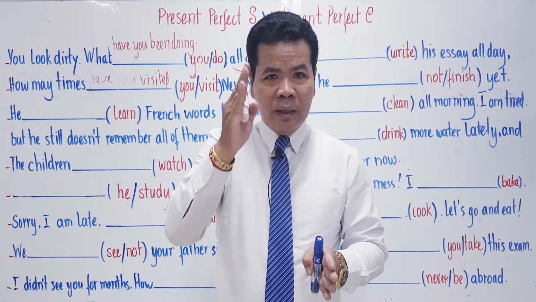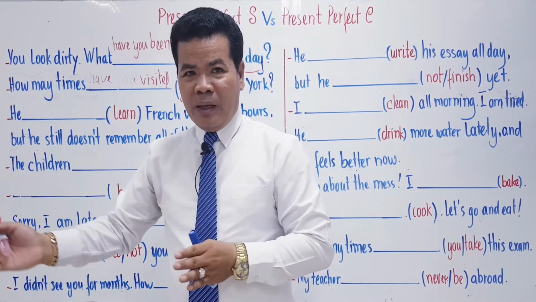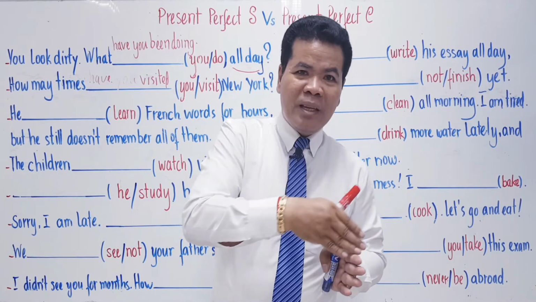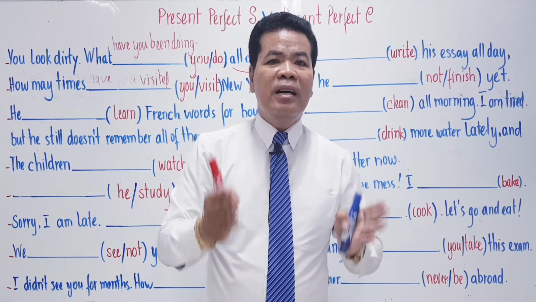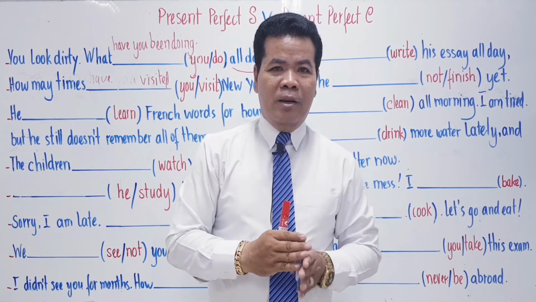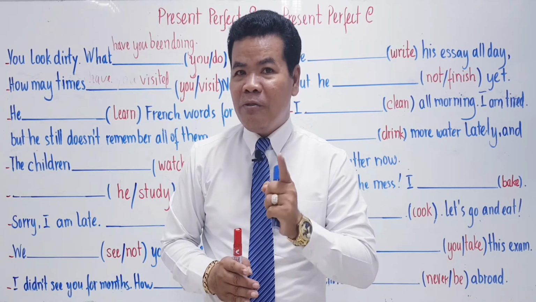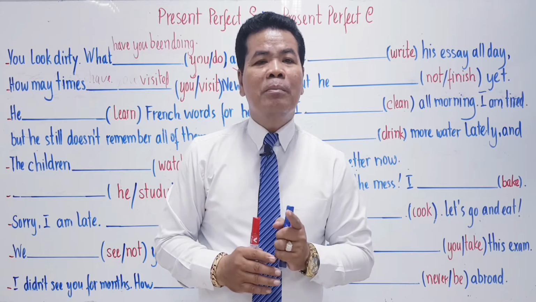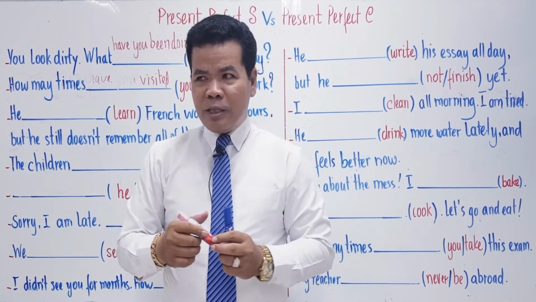So, the action happened in the past, started in the past, stopped recently, and then the present result, he still doesn't understand. He still doesn't remember. So what is it? Present perfect simple or present perfect progressive? Present perfect progressive. Okay? So let's go to the form.